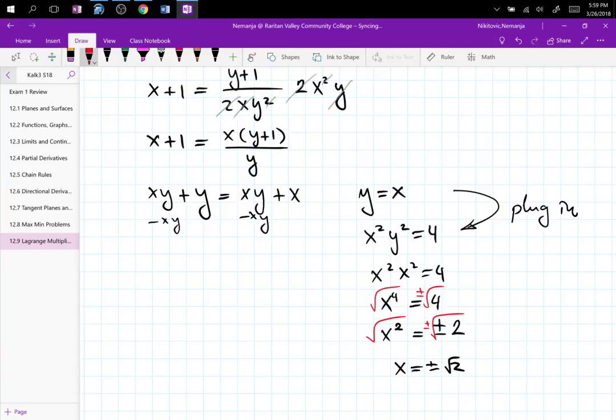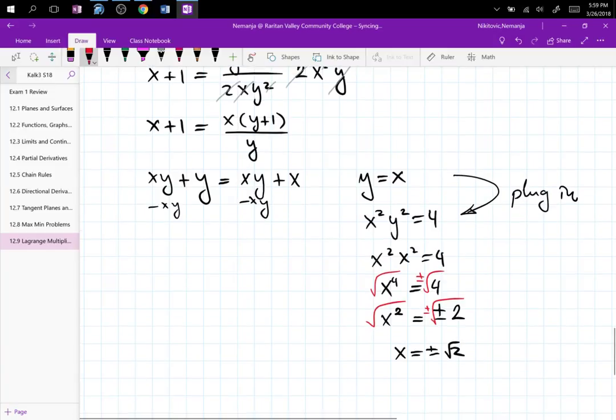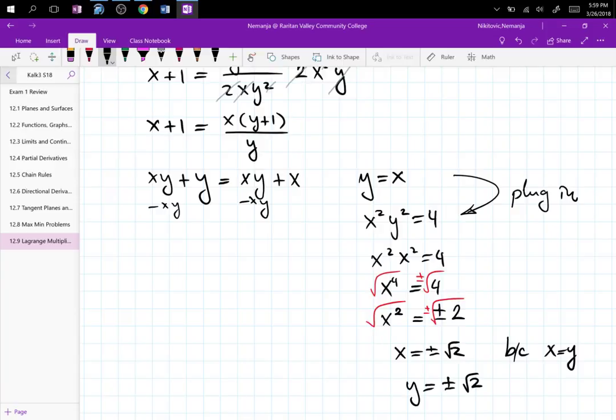So I have that x is equal to plus or minus root 2, and because x equals y, we have that y is also plus or minus root 2.